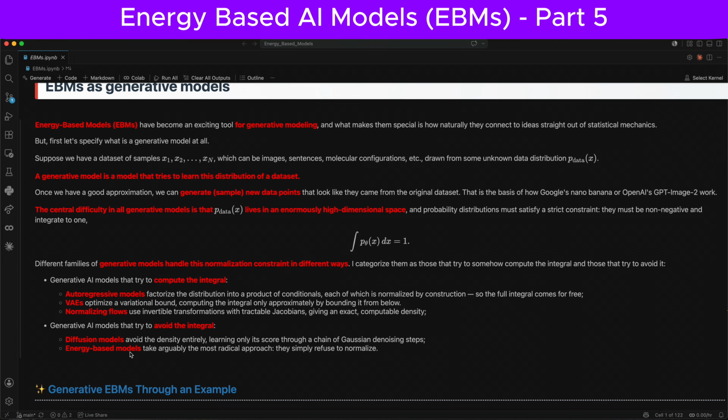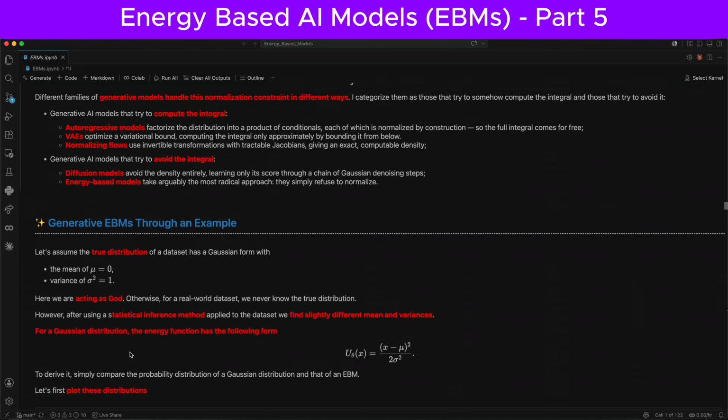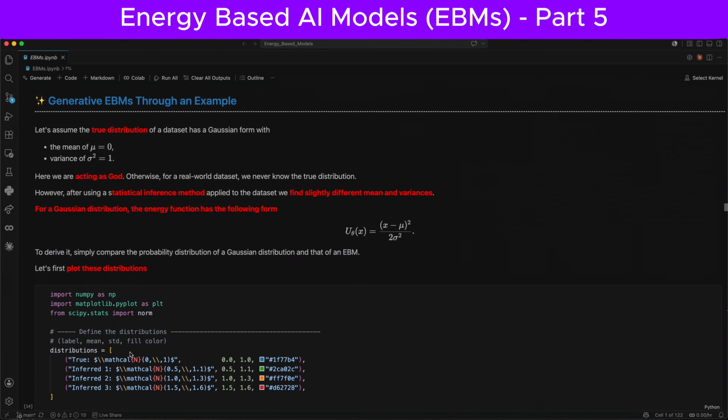Let's now understand generative EBMs through an example. Let's assume the true distribution of a dataset has a Gaussian form with a mean of 0 and variance of 1. Here, we are acting as God. Otherwise, for a real-world dataset, we never know the true distribution.